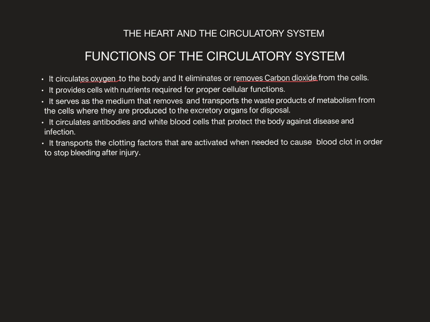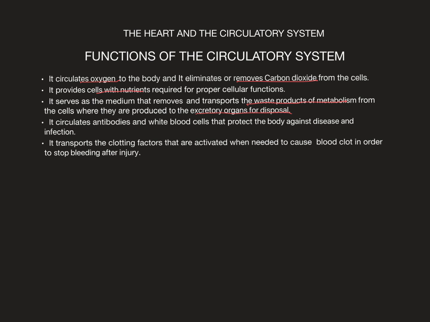The circulatory system provides nutrients to the cells. It also serves as a medium that removes and transports waste products of metabolism from the cells where they are produced to the excretory organs for disposal.